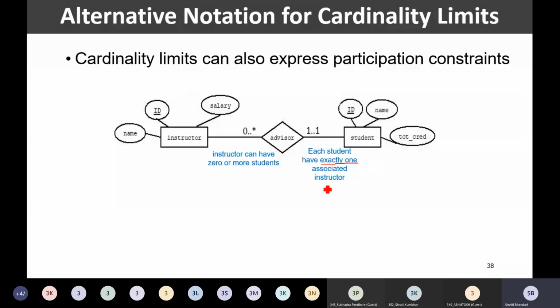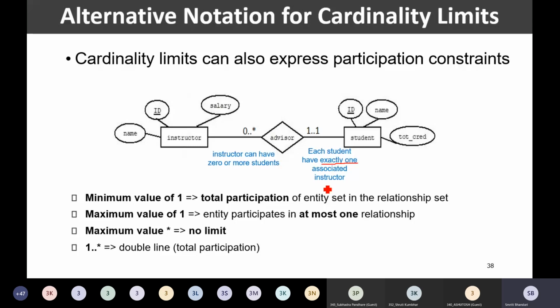So here we have a few important points noted. If the minimum cardinality value is 1, then it indicates that there is total participation. How to depict total participation? The total participation is depicted by using the double line.